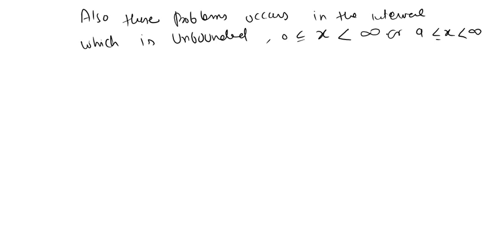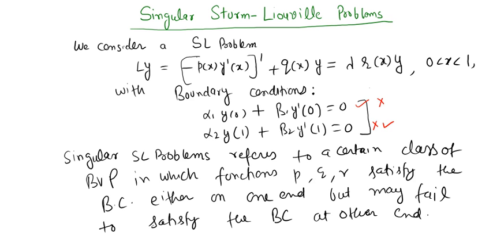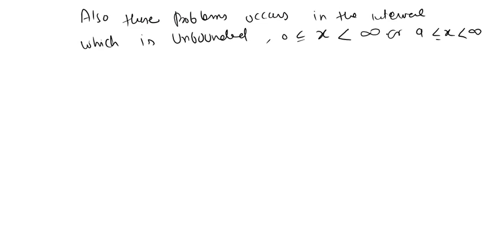It may happen at the left hand point. So what are singular problems? In these problems, either the coefficients may have singularity, or your equation satisfies one condition but the other is not satisfied, or you may have unbounded domains.